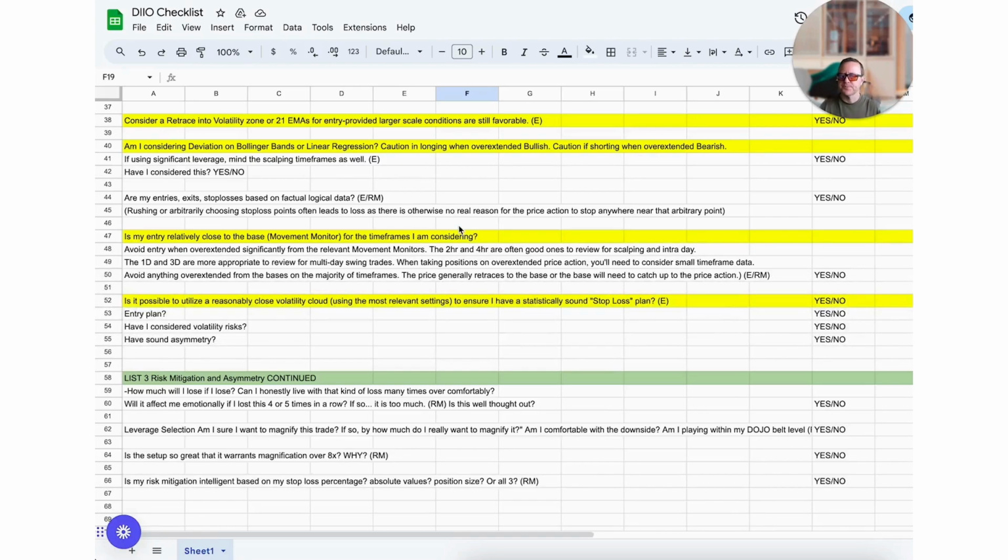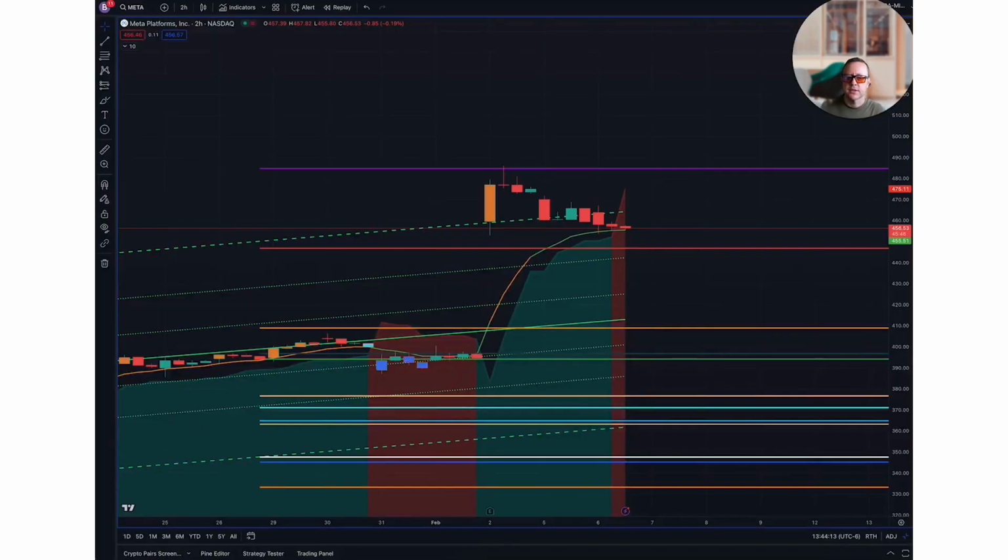Okay, so that covers the entry plan. Have I considered the volatility risks? That's what the clouds are for. How much volatility can this asset have in this specific 2 hour candle? That's what we were just looking at on Meta.